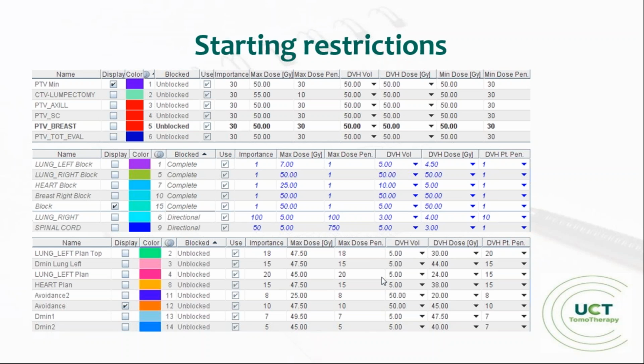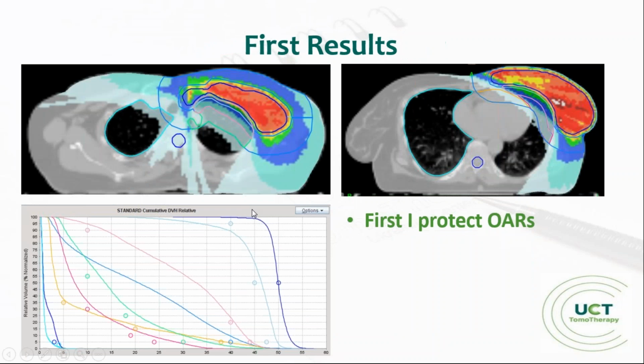Also, these are my first results after maybe 50 iterations. So it's not quite impressive, but here you can see this plan.